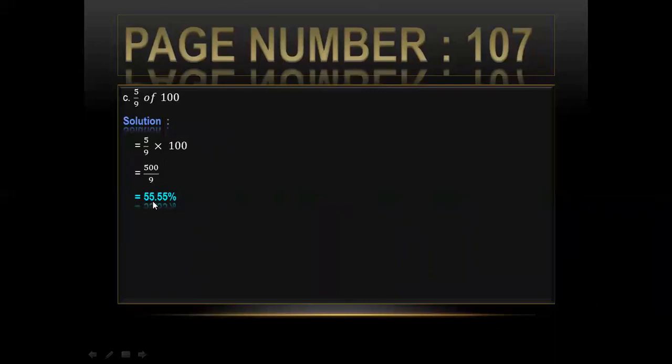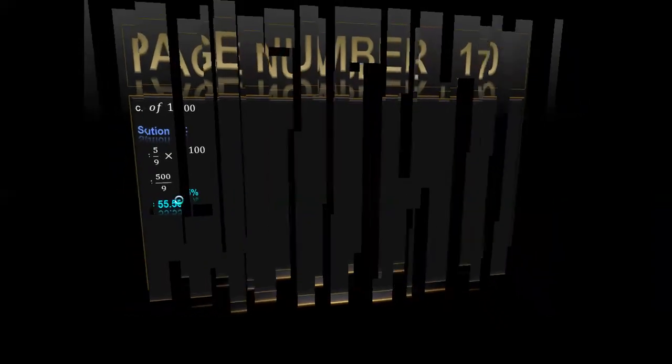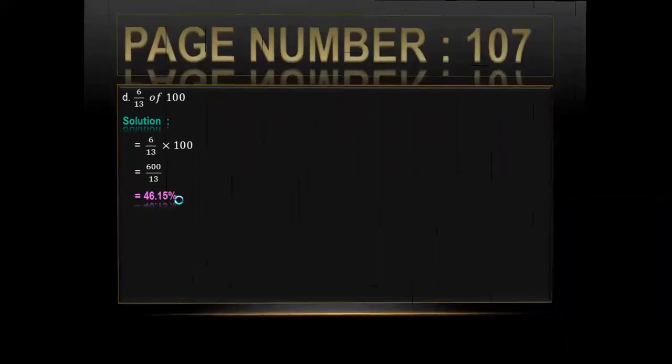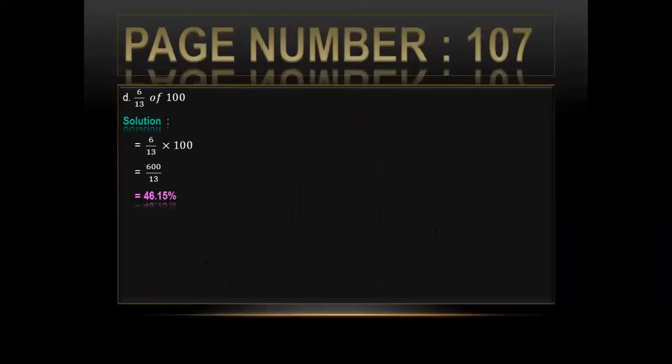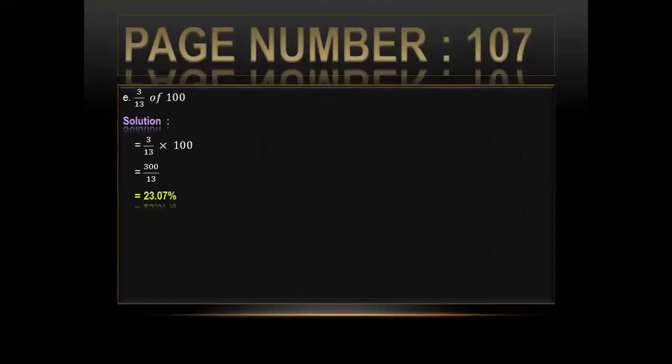After dividing them, 55.55, and we write here the percentage sign. 6 over 13 of 100, 600 over 13, 46.15% is our answer.